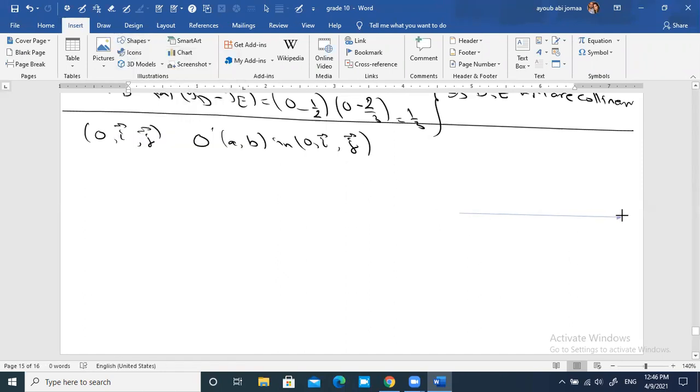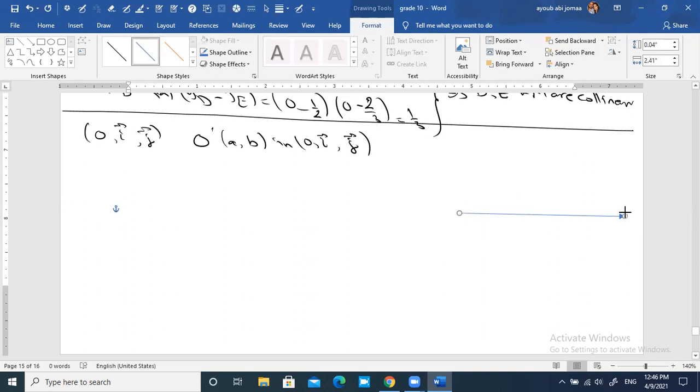Here is the x-axis, and we have the y-axis.